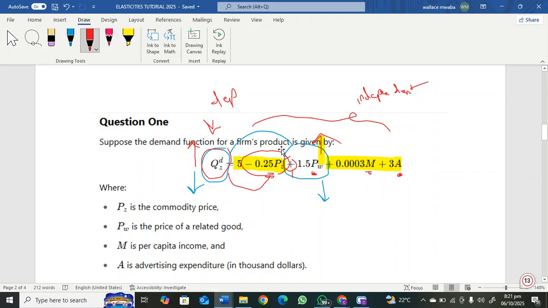If the price of good Z goes up, quantity demanded of good Z goes down. If the price of good Z goes down, quantity demanded of good Z goes up. That is the negative relationship. Any questions?